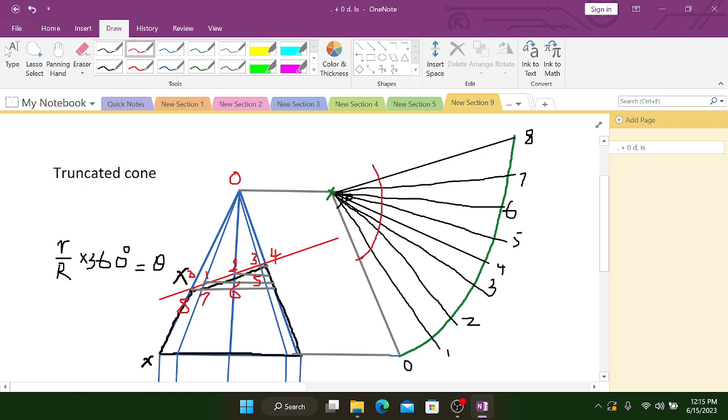Then up to 3 I want to take this horizontal line, O up to this point. I have to take these values with this distance from my compass, and I want to draw arcs.